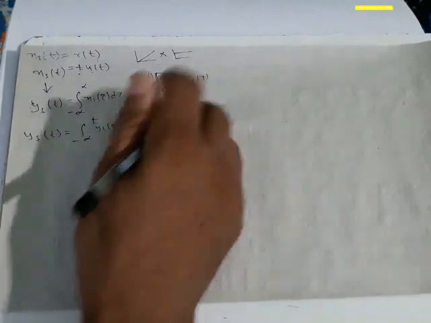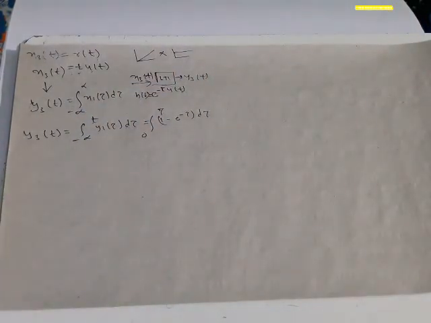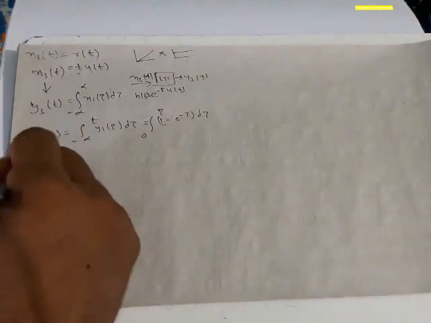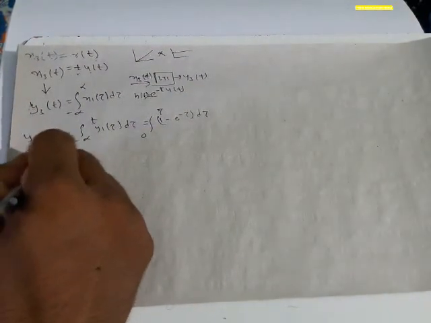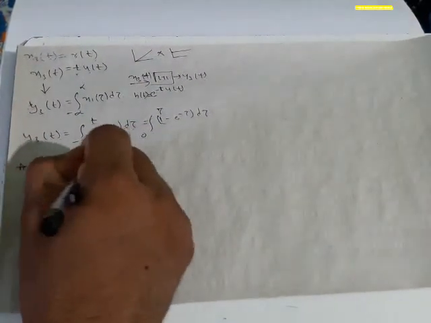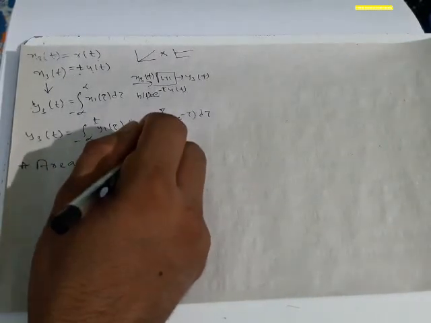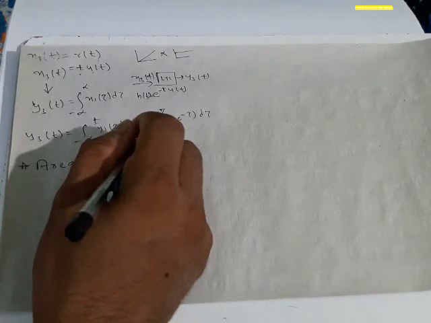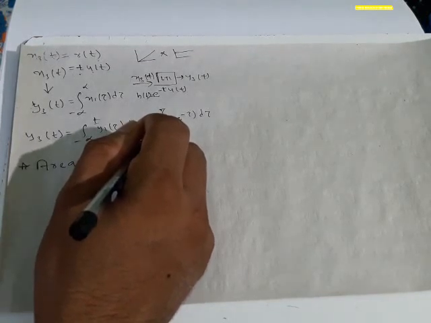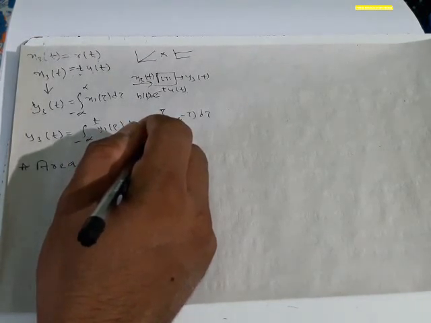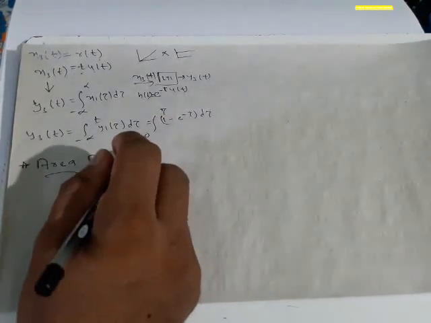Of course 1/alpha square equals A by alpha, so A equals 1/alpha.